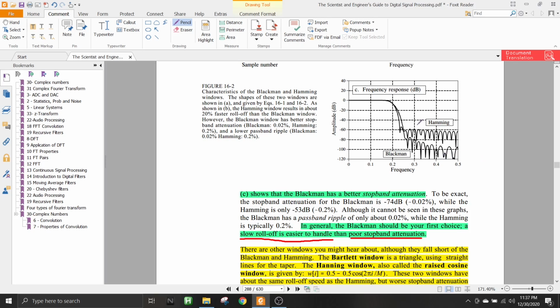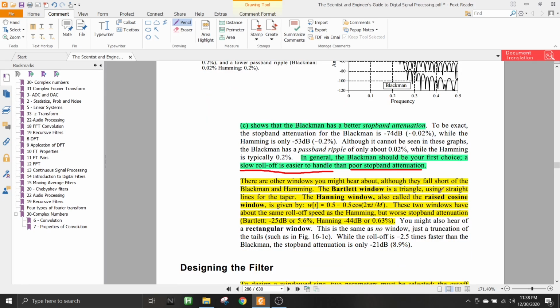That means it won't behave like a low pass filter, because the low pass filter is supposed to stop here, right, at FC, the cutoff frequency. But even after the cutoff frequency, if it allows a lot of other frequencies, then that is a problem. Right. So that is the reason why Blackman window is mostly better in this case.